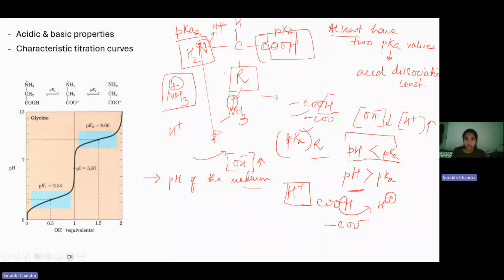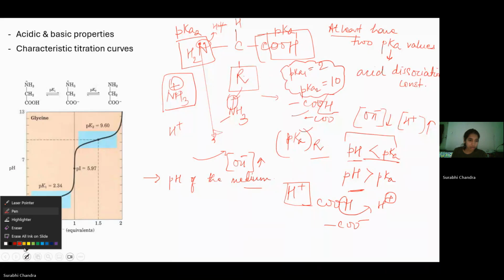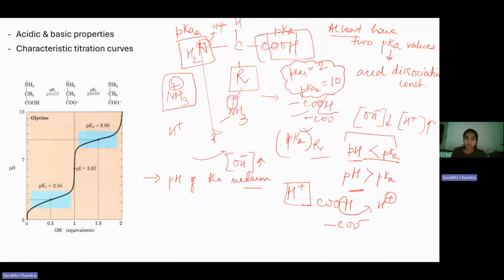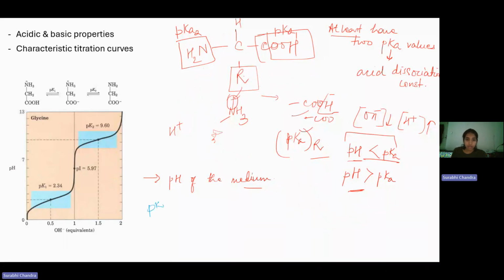Suppose, let's randomly take an example where pKa1 is 2 and pKa2 is 10.